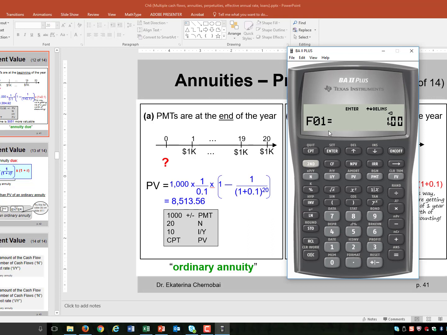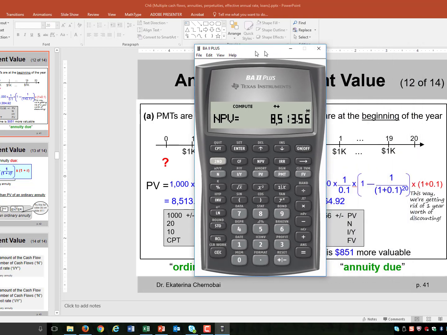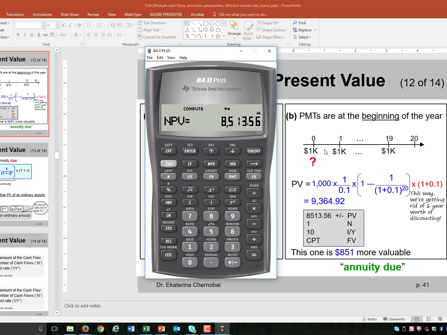What's the frequency of it? It's not 1, which is the default, it's 20. You put 20, enter, down. There is no more cash flow that needs to be entered. You're done with all 20 of them. Then you press NPV. It asks you for the I, the interest rate. You put 10, we have a 10% rate. 10, enter, down, compute. $8,513.56.